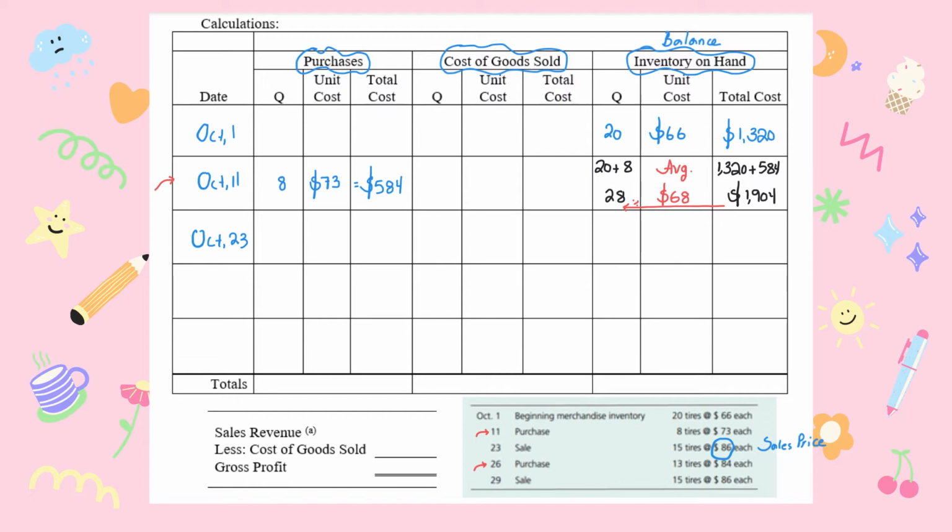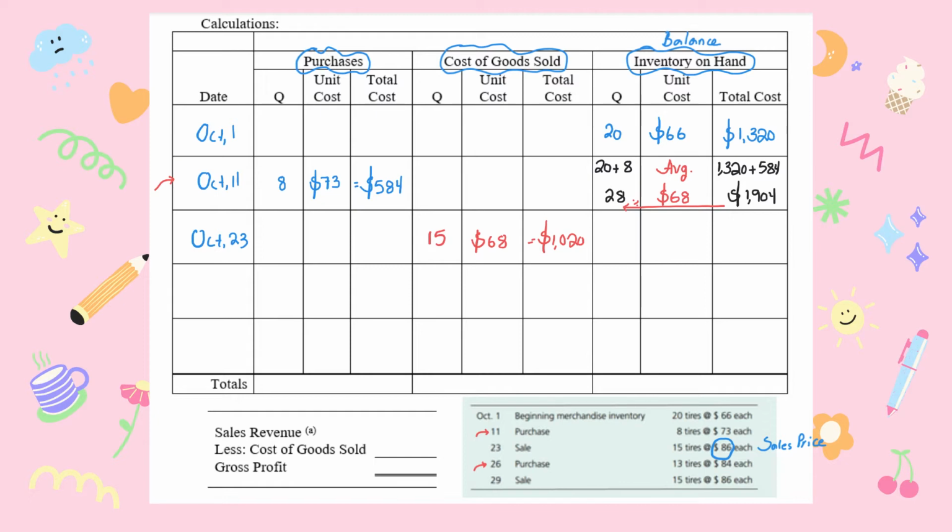So I want to sell 15 units. So I'm gonna go to cost of goods sold. I'm gonna write 15 units. I'm gonna look at my previous balance. I had 28 units. I want to sell 15. Okay, what's the unit cost? It's 68, which is the average. So 15 times 68, it's gonna be 1,020.